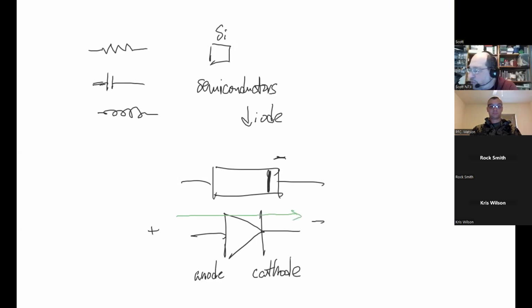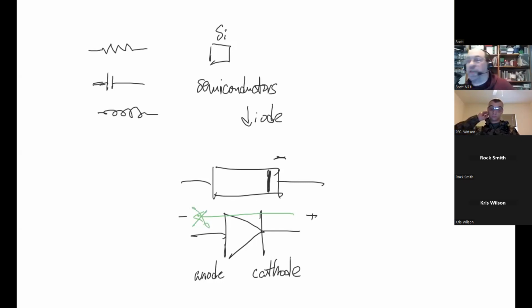If, however, I reverse this and connect the diode like this, well, it would, in theory, go this way. But which way is the one-way street sign pointing? To the right, which basically means that this is not a path that it can take.